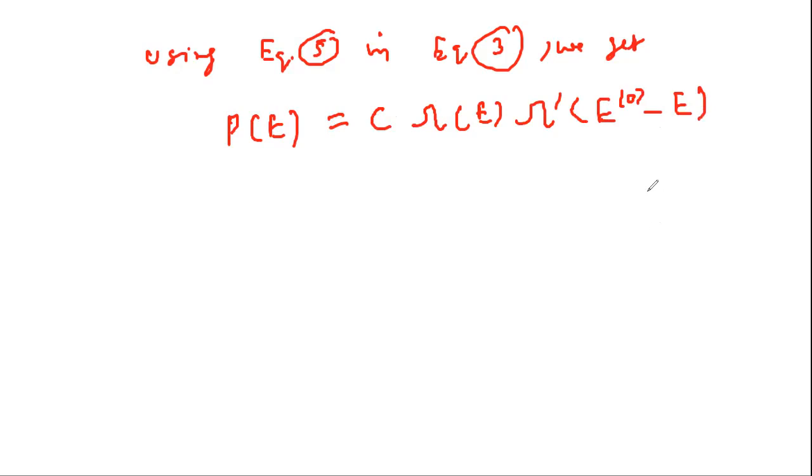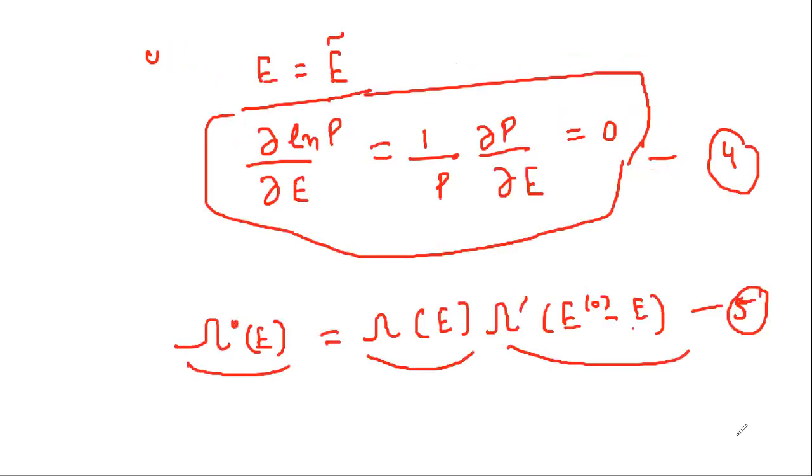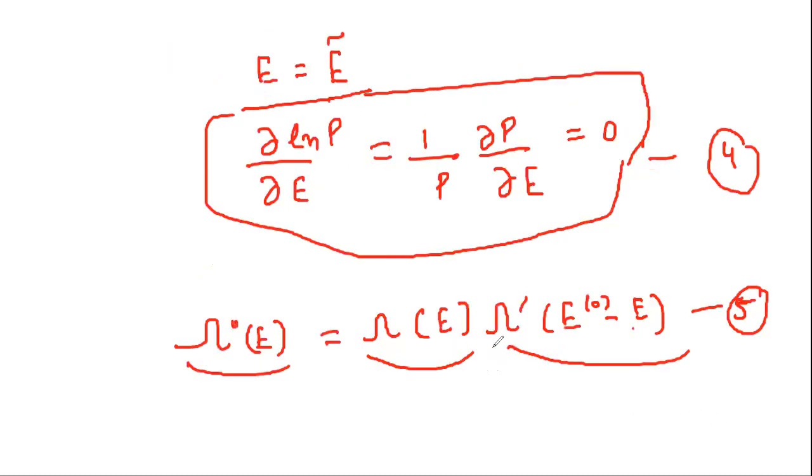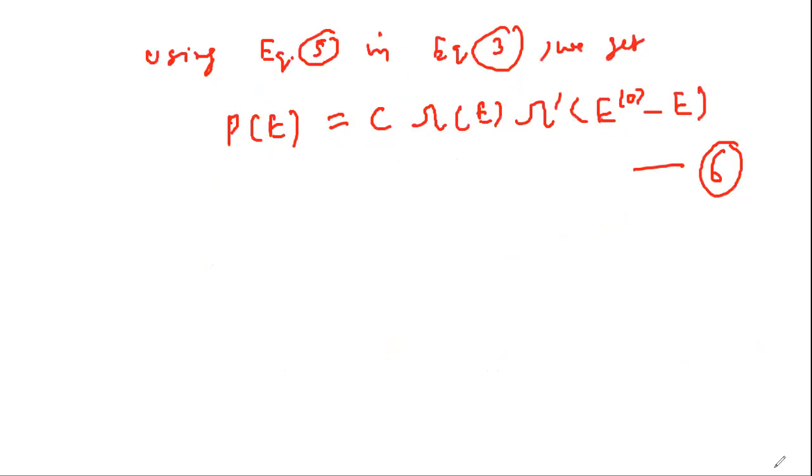This is my sixth equation. P of E is C times sigma of E times sigma prime of E prime, which is E naught minus E. What we have done is we have used 5 in 3. This is my 5. This is my 3. So I replace sigma naught of E here by the product of these two factors. So I got this equation 6.